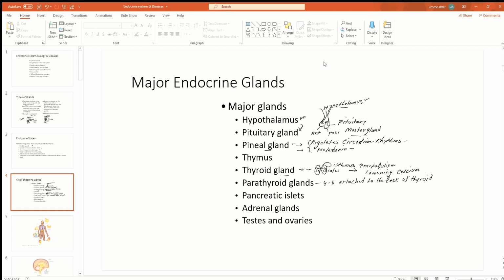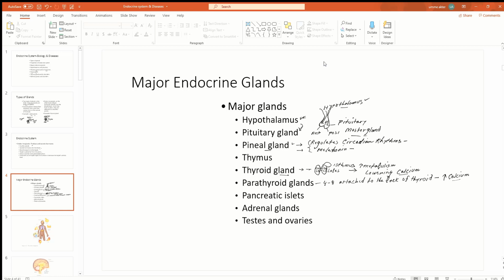Parathyroid glands are very important because it increases the blood calcium. So you see that thyroid hormone lowers the blood calcium and parathyroid hormone increases the blood calcium.